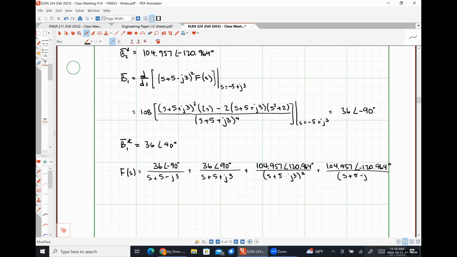This should be the minus sign right here, positive sign over here. My mistake.